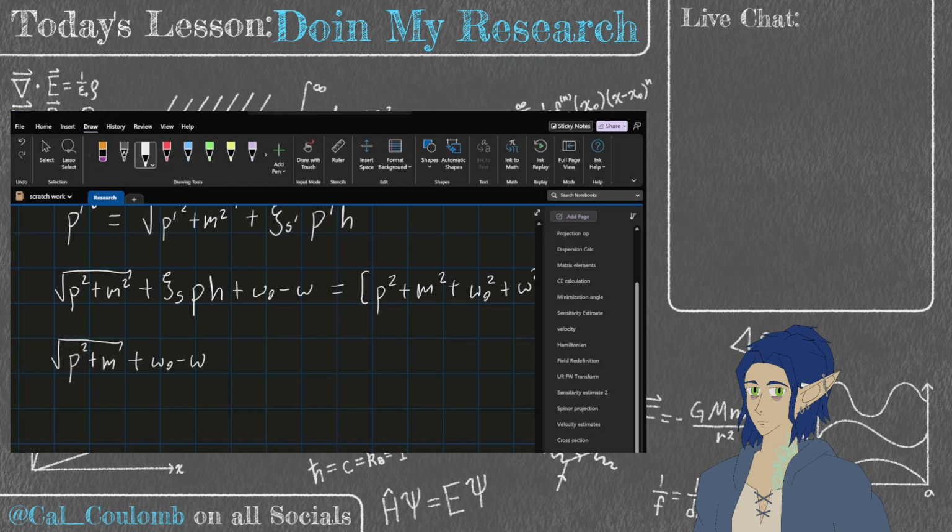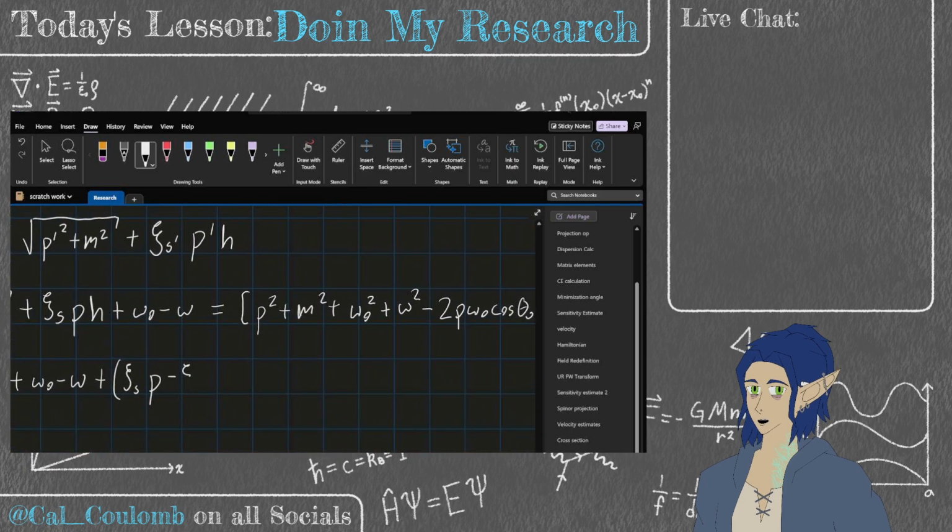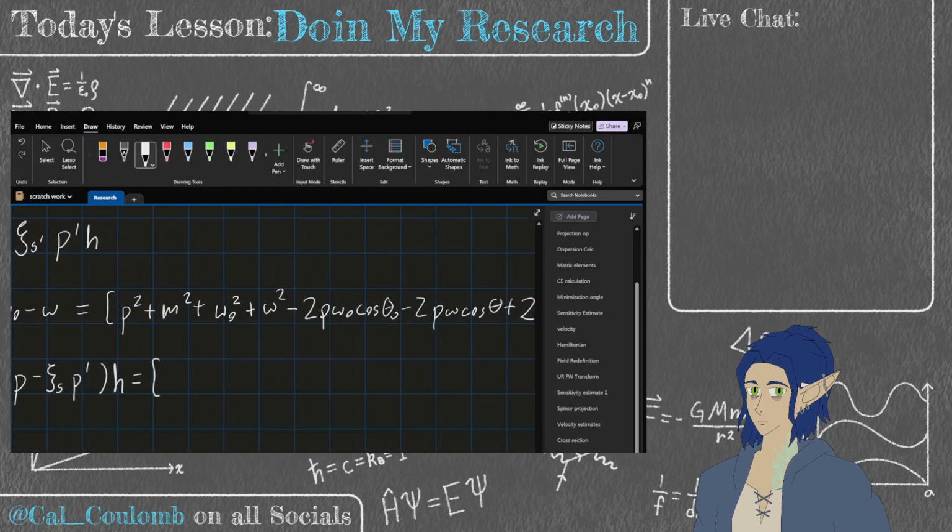So that's our lowest order on this side. Plus parentheses cs... I wasn't using the parentheses around the subscript. p minus cs p prime all times h is equal to, and then we have this long thing again.